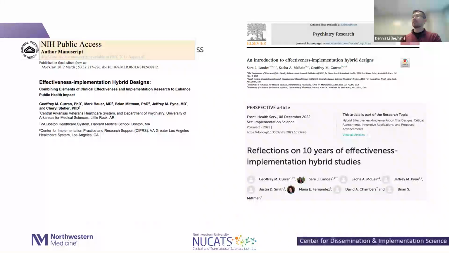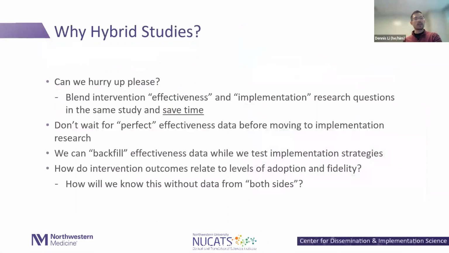There are a number of manuscripts that have come out about hybrid studies, one of which you read, the Landis et al. paper. But to summarize a little bit, why do we keep pushing hybrid studies in implementation research? Part of it is we really want to hurry up the process.